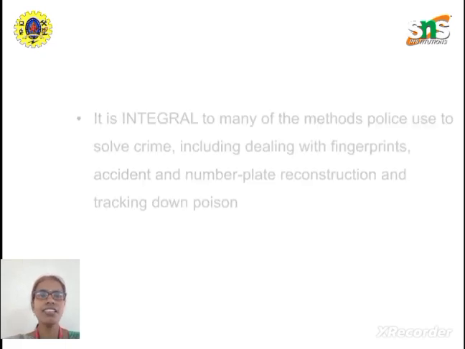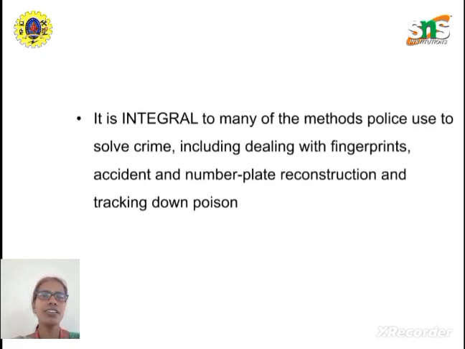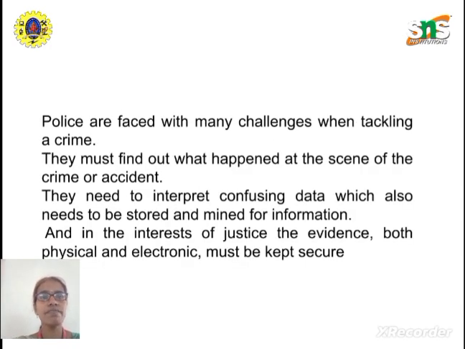The next thing is what is integral to solving the crime, which includes dealing with fingerprints, accidents, number plate reconstruction, and tracking down poison. And what are the challenges police are facing? We will see one by one.